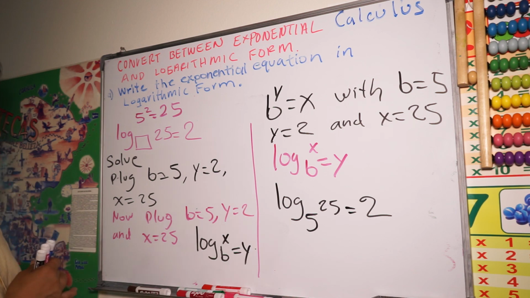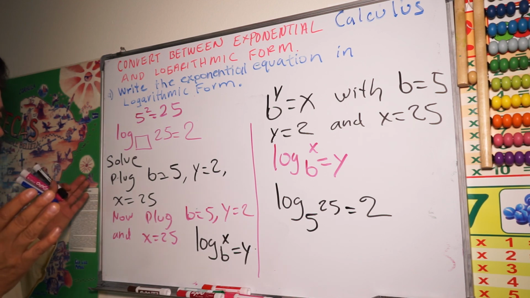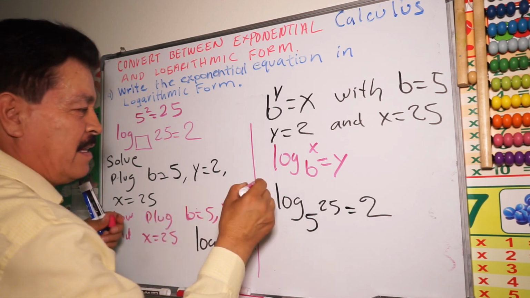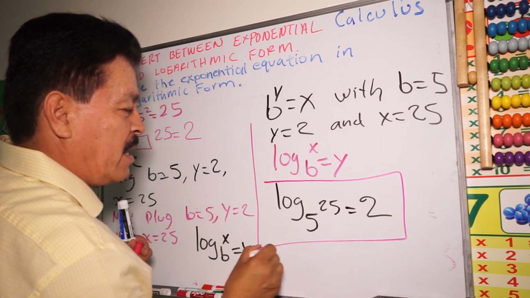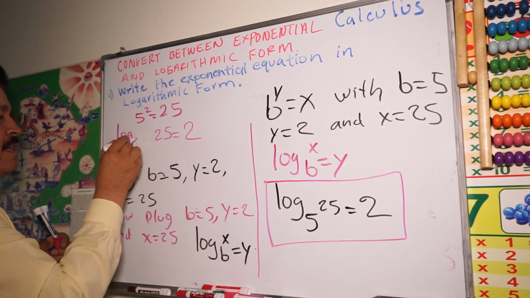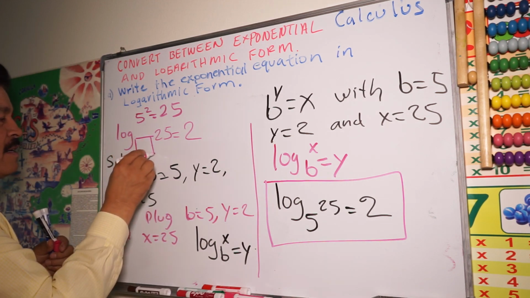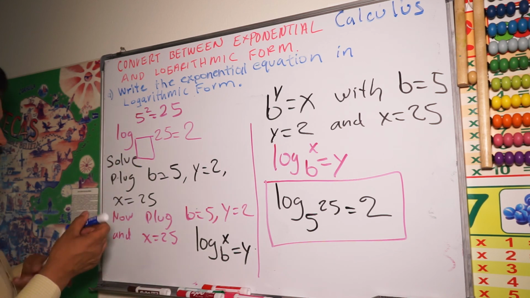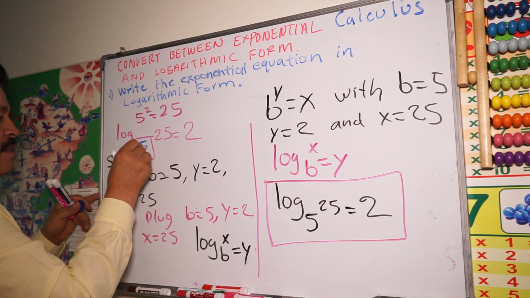All right, so that's it. Very simple, no? This is the answer that we are looking for. In this little square, what is the answer? 5. We're going to write 5.